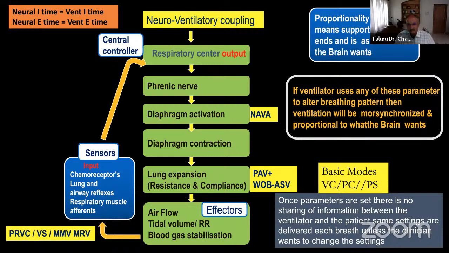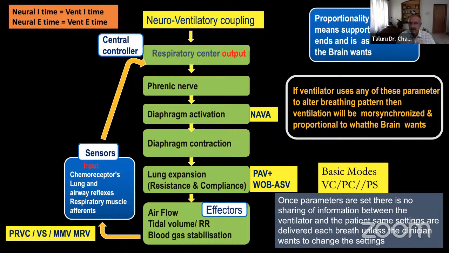So most of the times, about 80%, 90% of the patients are easy to ventilate. There is no difficulty. But that 10% is when there is no synchrony. Then you have to think something is happening. Then you have to physiologically understand what is happening, then clinically reason, and then try to set it up.